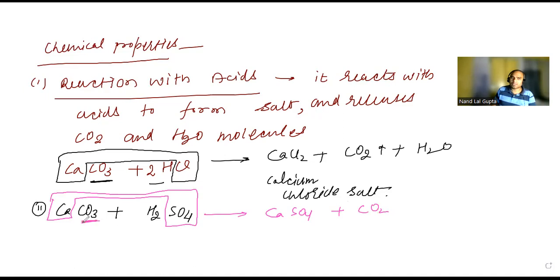Out of 3 oxygen, 2 are used, and what is left is 1 oxygen and the water molecule, H2O. So that is calcium sulfate. This is our required answer.